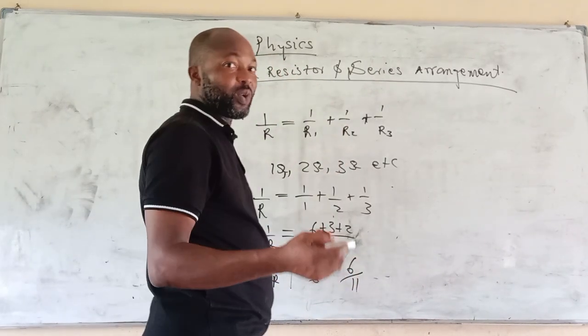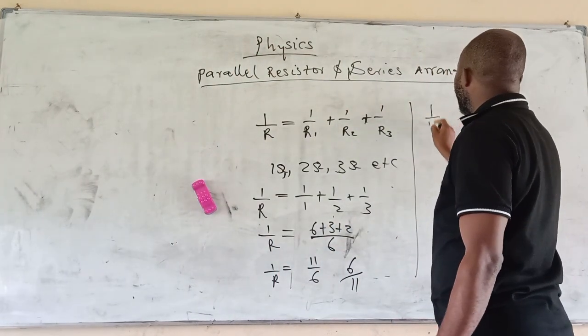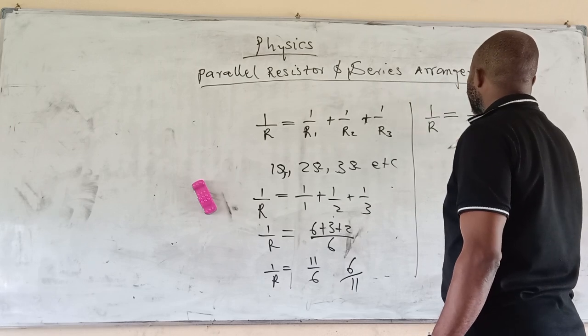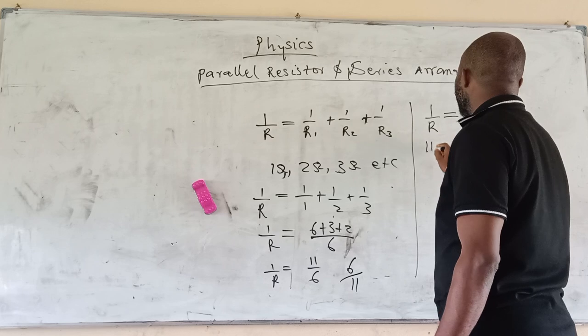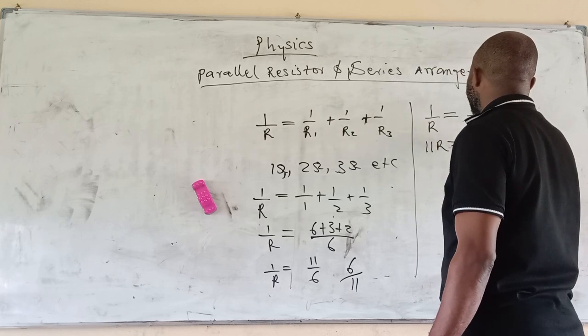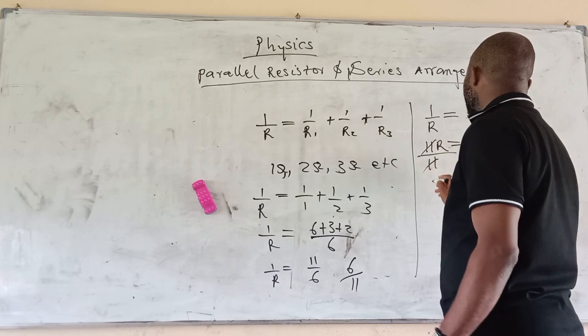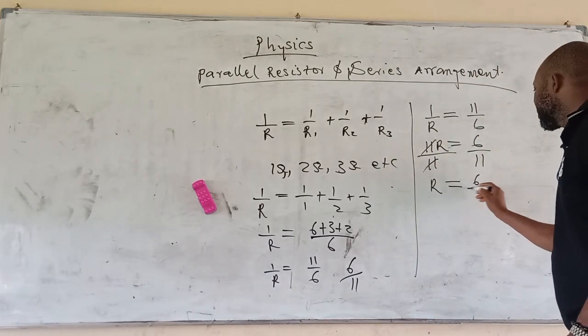Or, if you don't want to use the word inverse, let's go back this way. We now have 1 over R equals 11 over 6. I want to make R the subject. R times 11, I have 11R equals 6. If I divide by 11, the 11 cancels itself, and R equals 6 over 11.